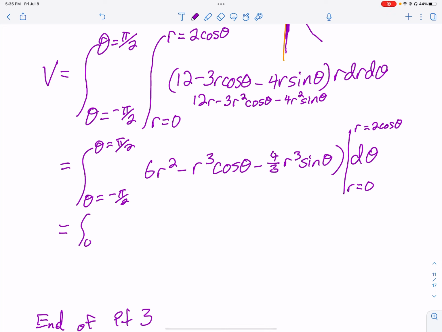That is theta equals negative pi over 2 to pi over 2. If I plug all that stuff in, we get 24 cosine squared theta minus 8 cosine to the 4th theta minus 32 over 3 cosine cubed theta sine theta d theta.